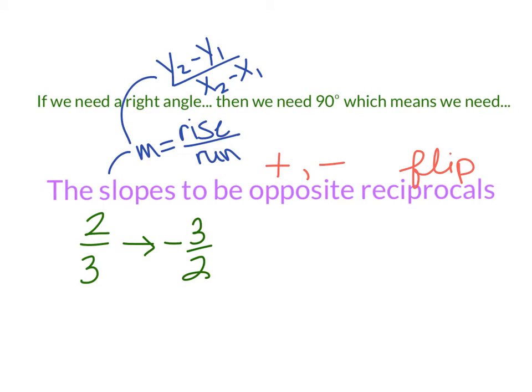Whenever you find the first slope, let's say it happens to be, I'm totally making this up here, 3/5, and maybe the other one's -3/5. If it starts negative, then the opposite reciprocal would be +5/3.